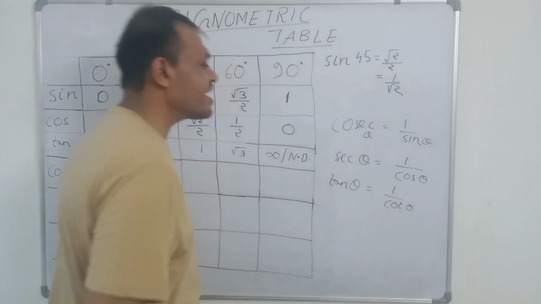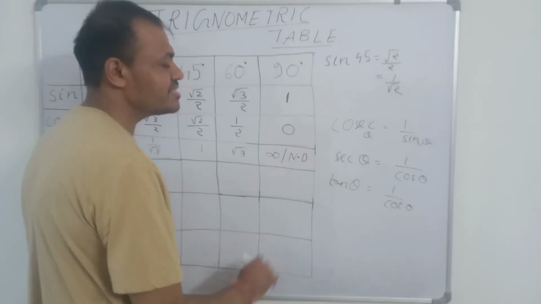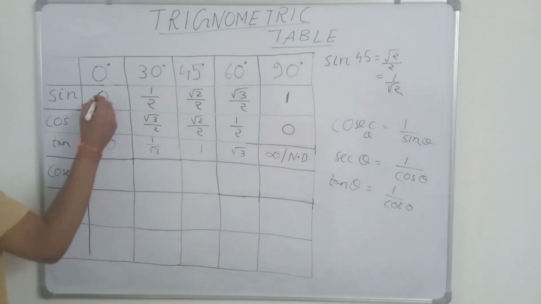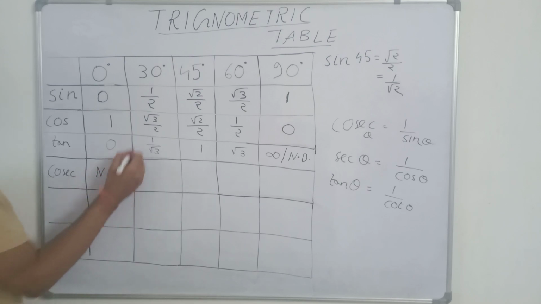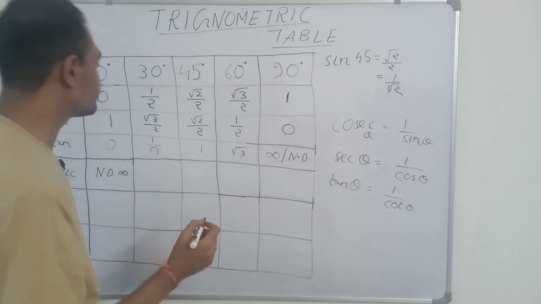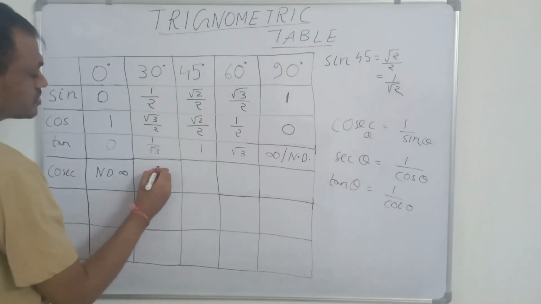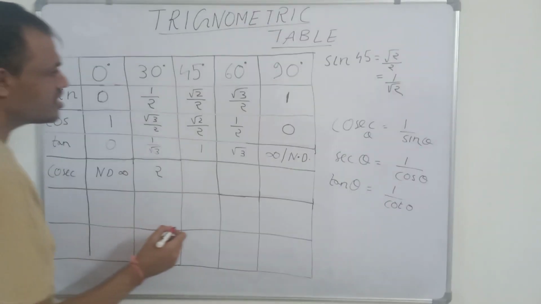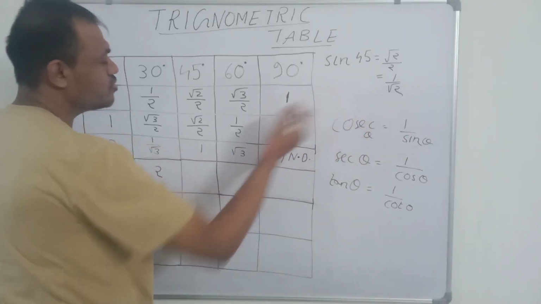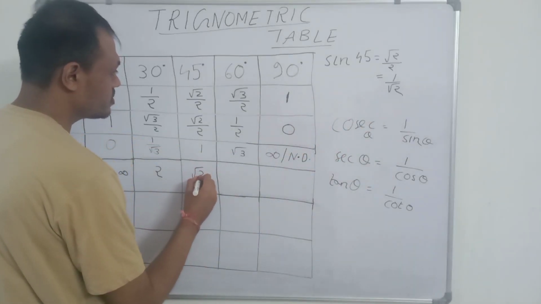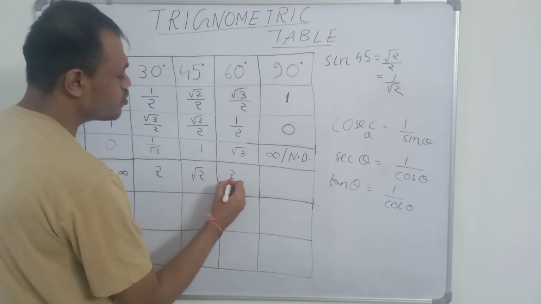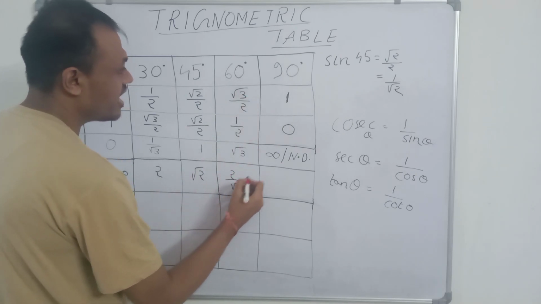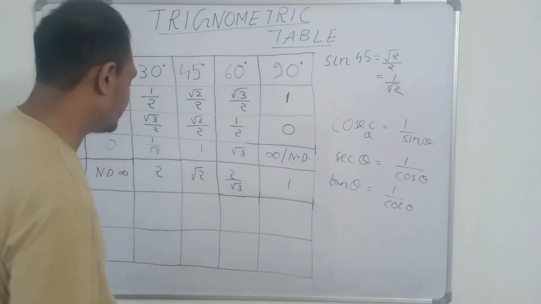This theta can be any angle, A, B, C, whatever. So cosec is 1 upon sine, so 1 upon 0 is not defined or infinity. 1 upon 1 by 2 is equal to 2. 1 upon root 2 is equal to root 2. 1 upon root 3 by 2 equal to 2 upon root 3. And 1 upon 1 is equal to 1.